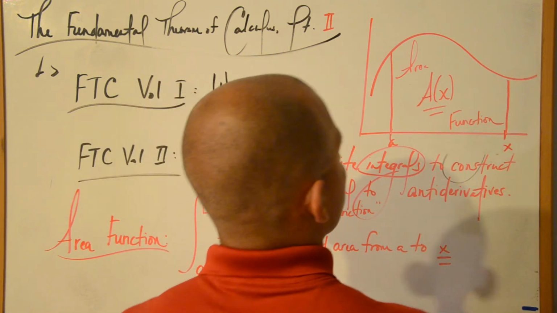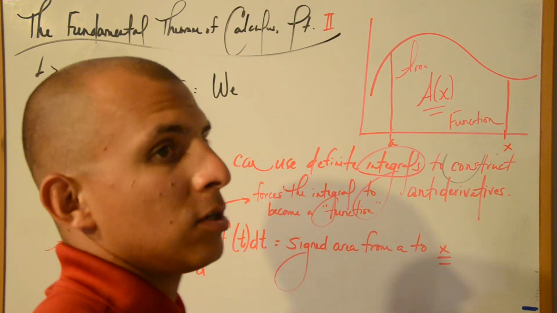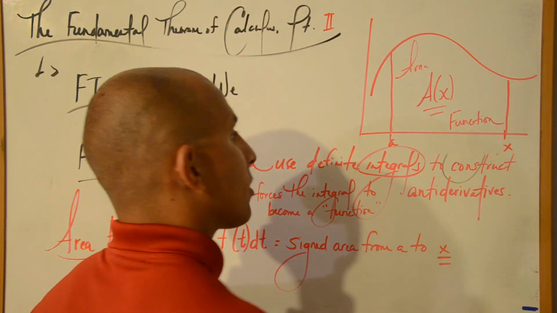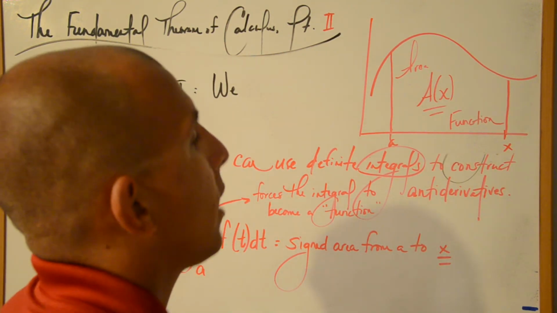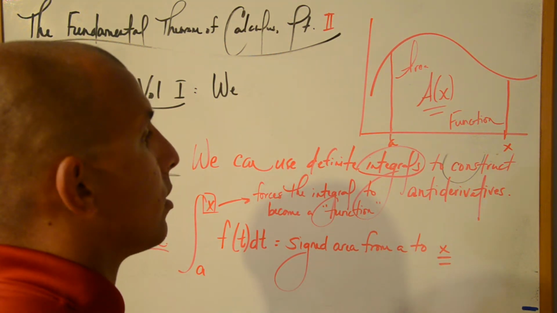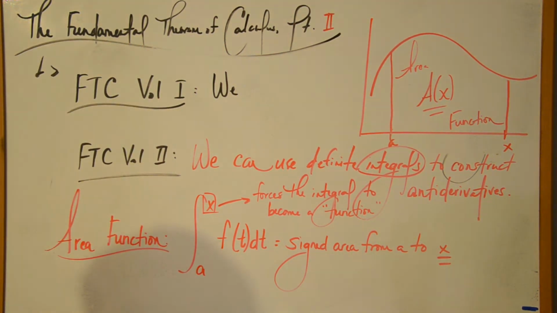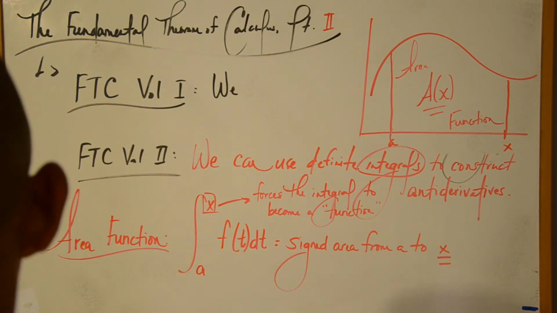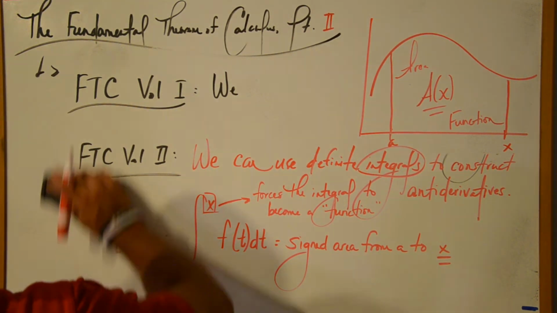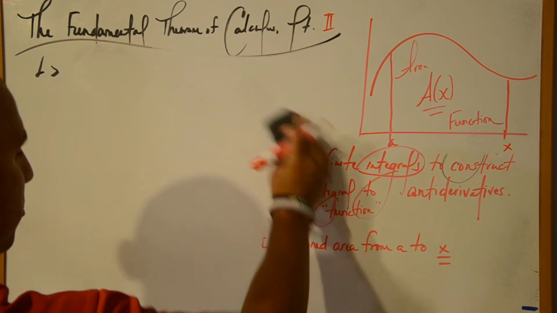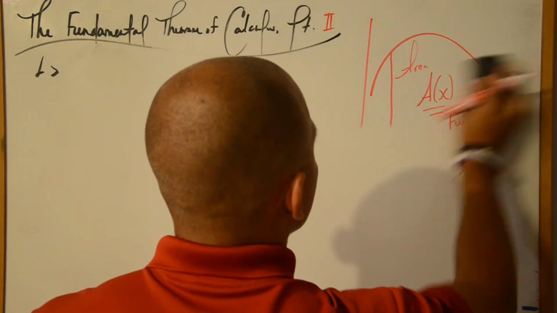Once you decide on a value for x, we can substitute it in and it tells us what the area beneath the curve is for that particular integral. Let's take a look at one before we formally define the fundamental theorem of calculus part 2.